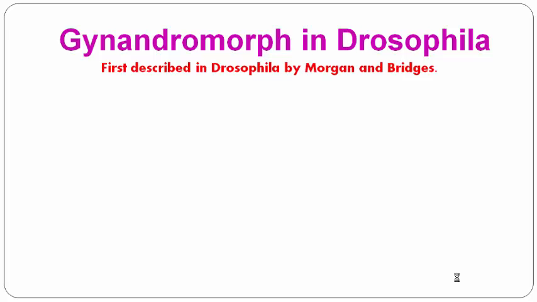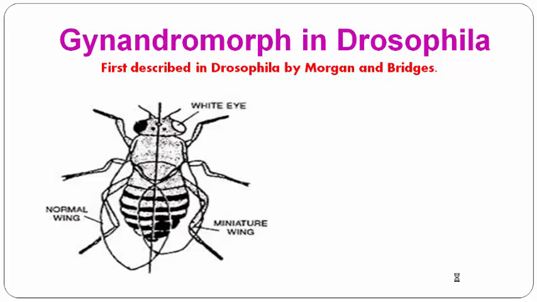So now we'll consider the gynandromorph in Drosophila. It was first described in Drosophila by Morgan and Bridges. Gynanders or gynandromorphs are sex mosaics showing one part of the body with male characters and the other with female.